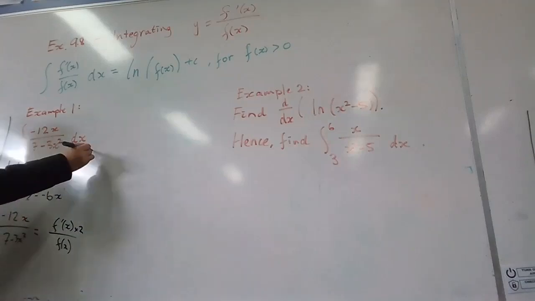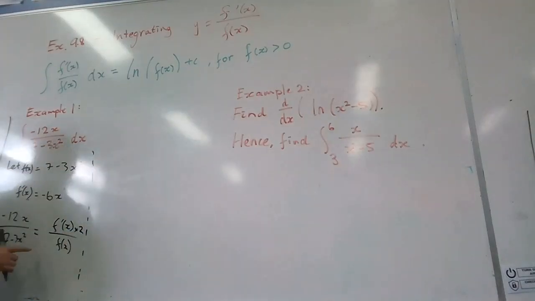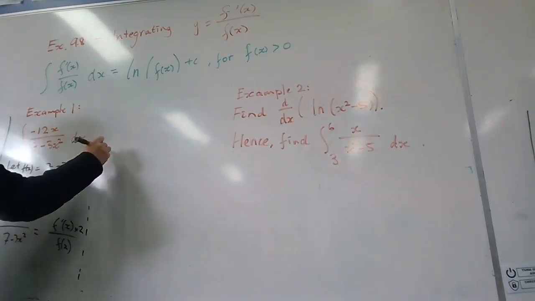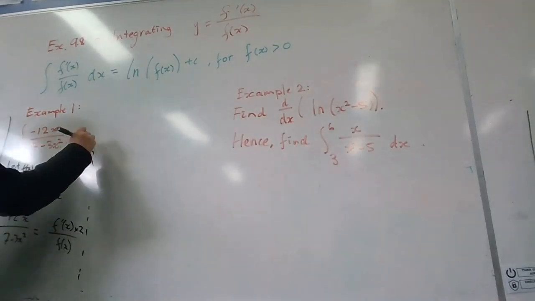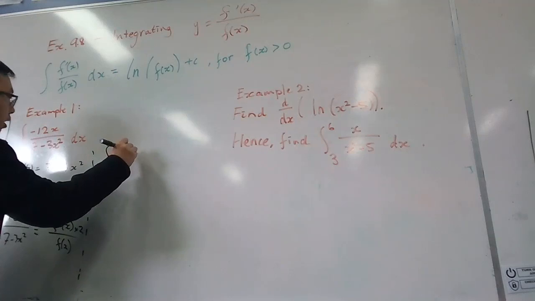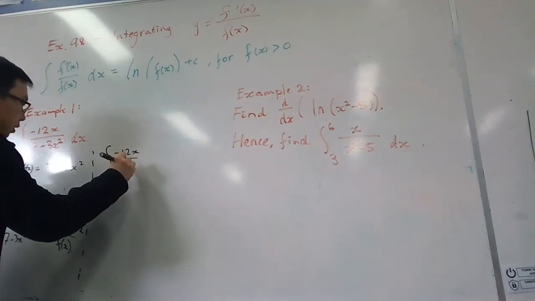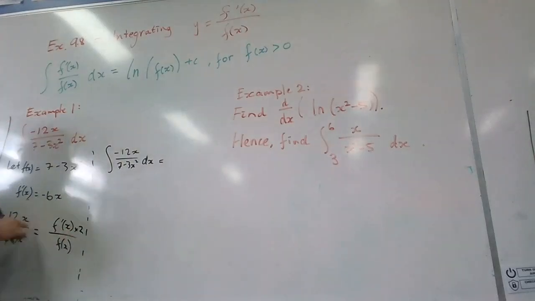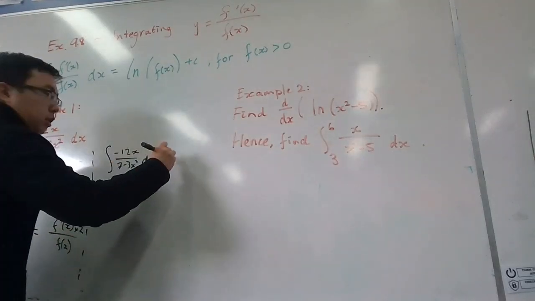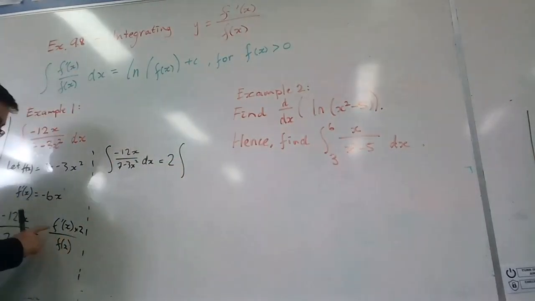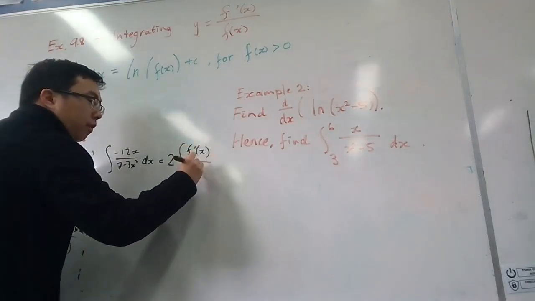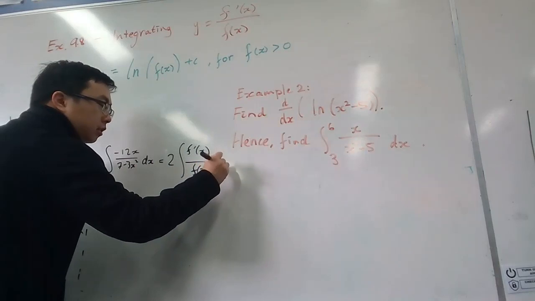If that's the case, it makes sense that when I'm anti-deriving this, the antiderivative of negative 12x over 7 minus 3x squared dx equals, I'm going to take the 2 out to the front, 2 times the antiderivative of f dash of x over f of x dx.